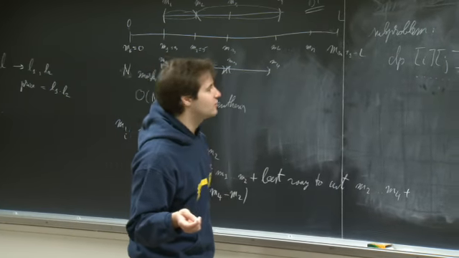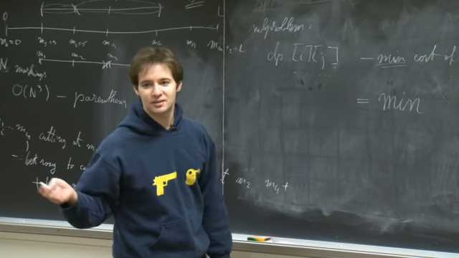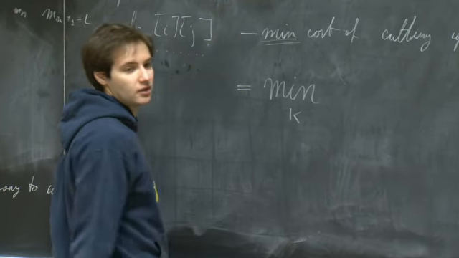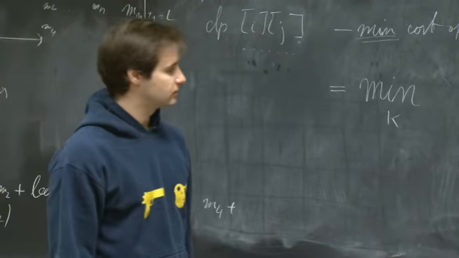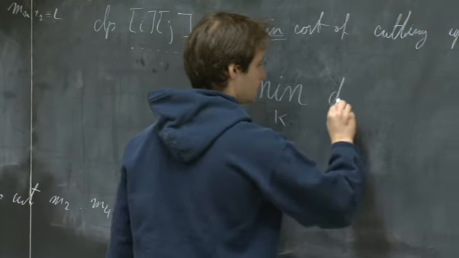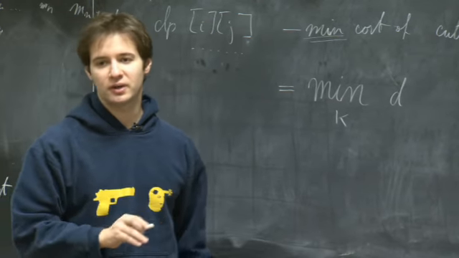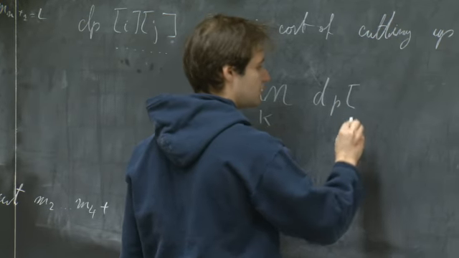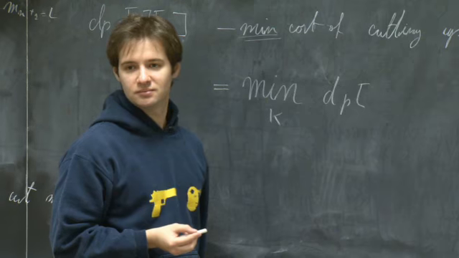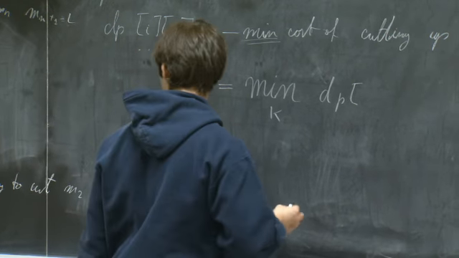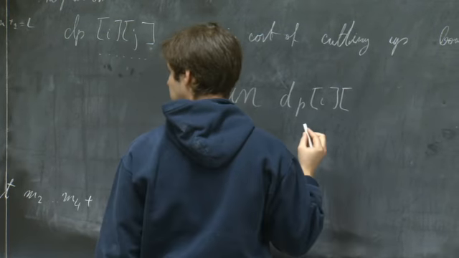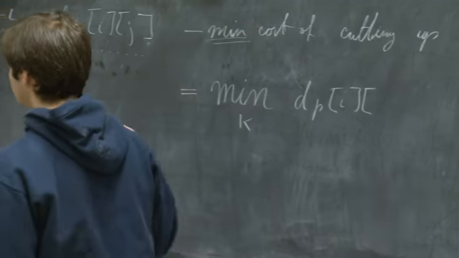Fortunately, we have a lot of letters in the alphabet: I, J, K, L, M. So let's say that k is the place where we cut to make our life easy. So I'm going to have dp of I as the starting point, and then the endpoint is k.